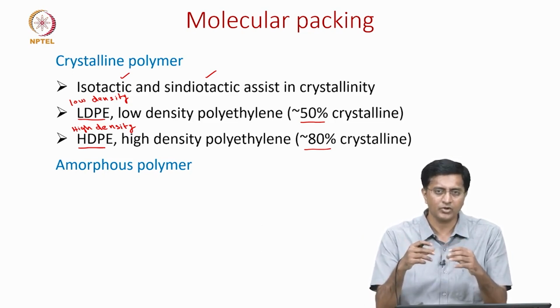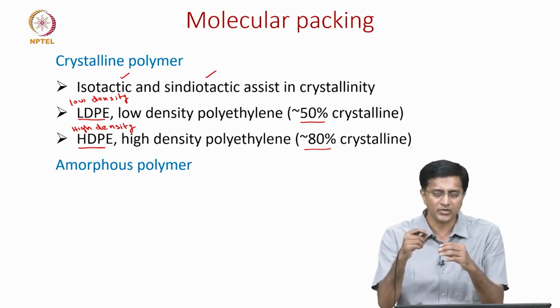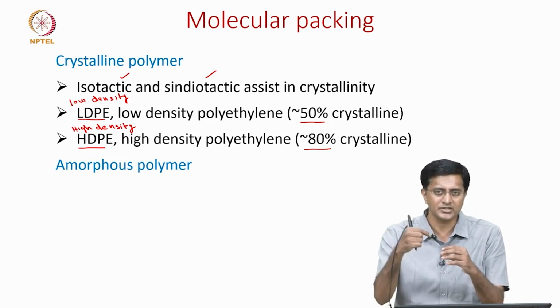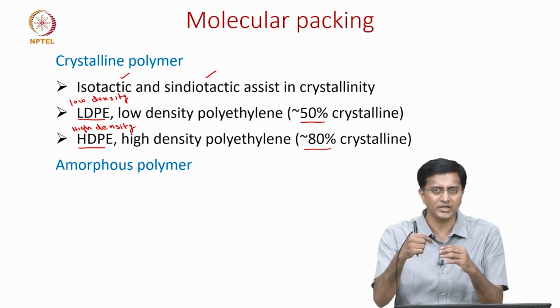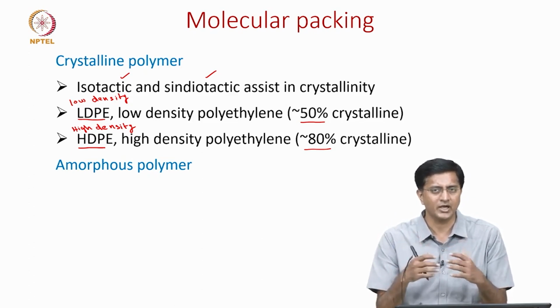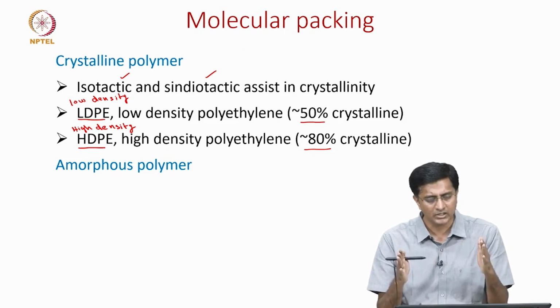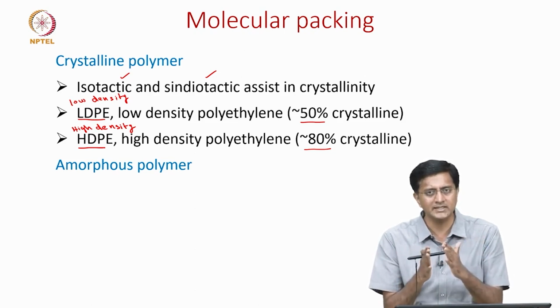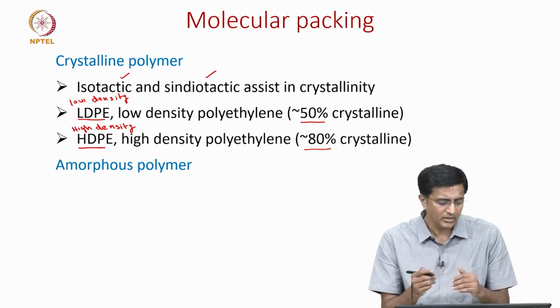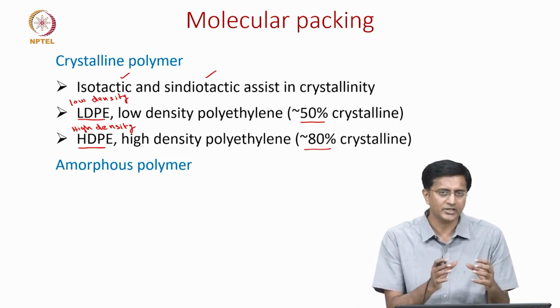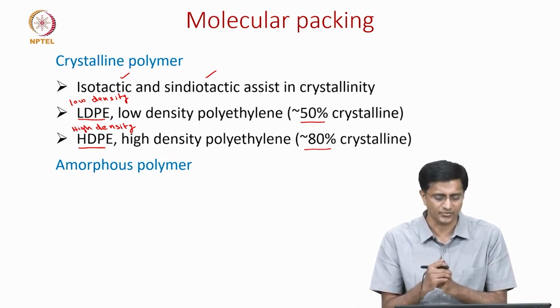So, because of the process parameters, one of the hydrogens is removed and then a chain comes and is attached there, which leads to branching. As we know, once we have branching, the possibility of chains coming together is less. That is why only partially can it crystallize and the rest goes into amorphous.